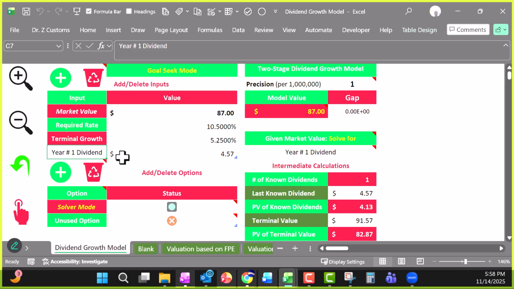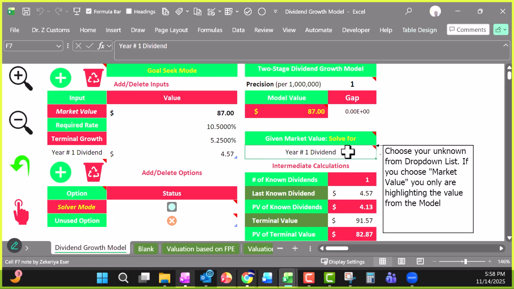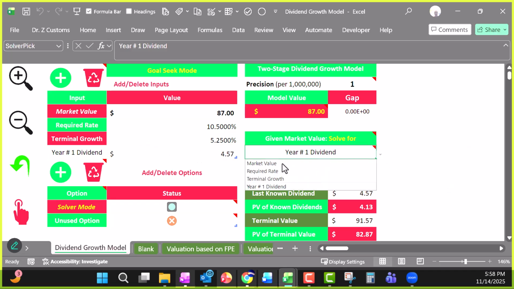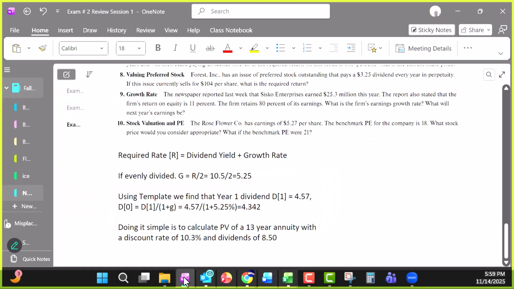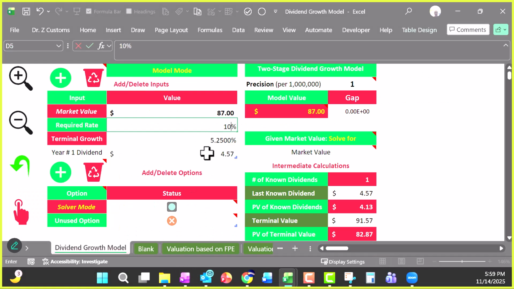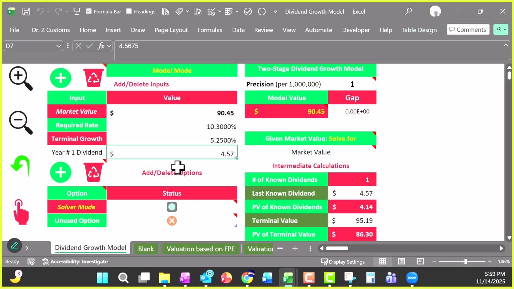This time I know 13 years of dividends, okay? And we're going to solve for market value. Our required rate of return is 10.3. This time I need 13 years of dividend.